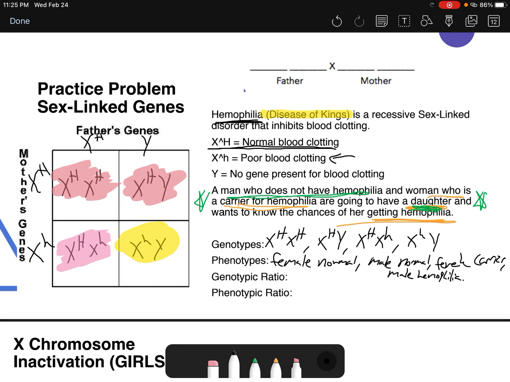So the genotypic ratio, 1 to 1 to 1 to 1. The phenotypic ratio, 1 to 1 to 1 to 1.